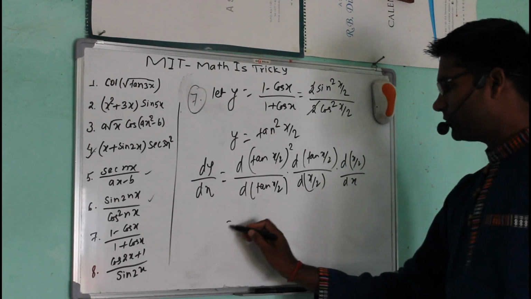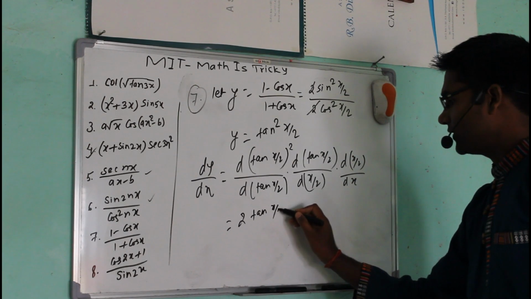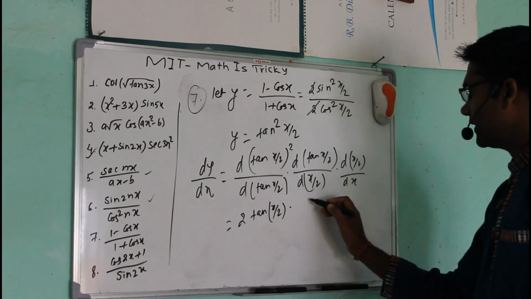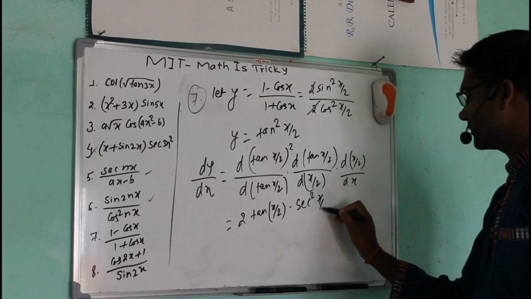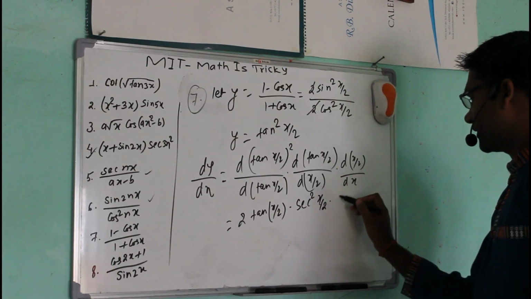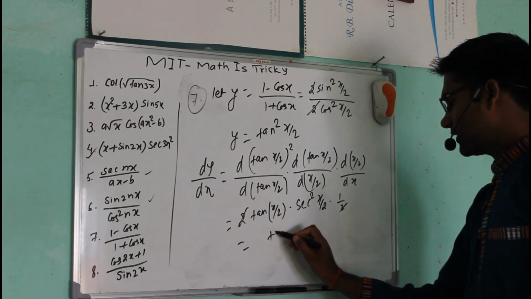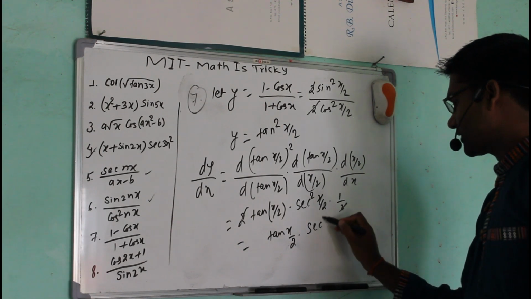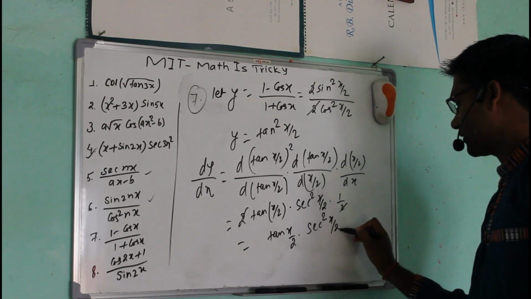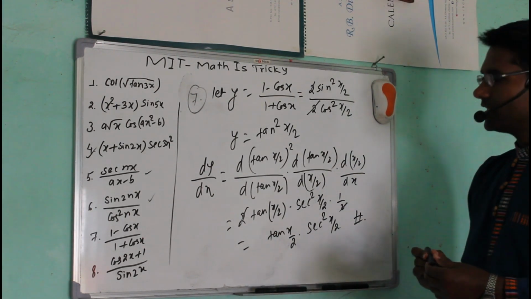So answer will be simply here 2 tan x by 2, and then derivative of tan is sec square x by 2, into derivative of x by 2, which is 1 by 2. 2 and 2 cancel, so we got here simply tan x by 2 times sec square x by 2. That's our answer.